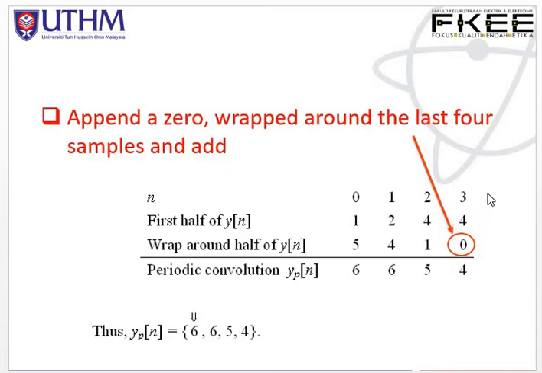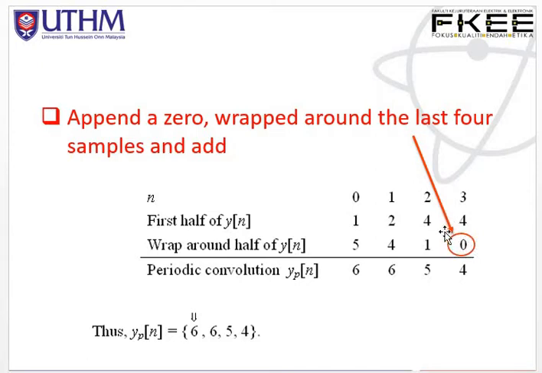And then value number 5, you have to use another row. So 5, 4, 1. And then it's not enough because you only have 7 values. But if you set the period N equal to 4, you're supposed to have 8 values, right?